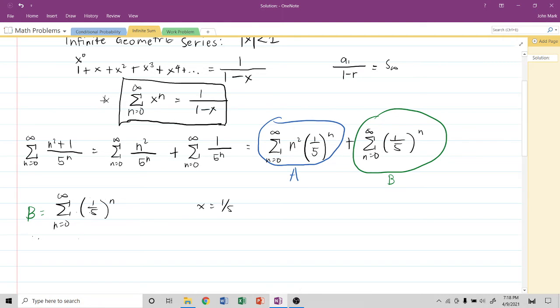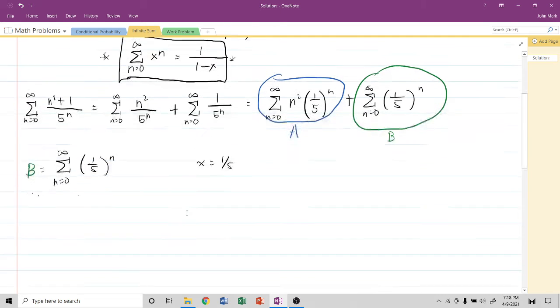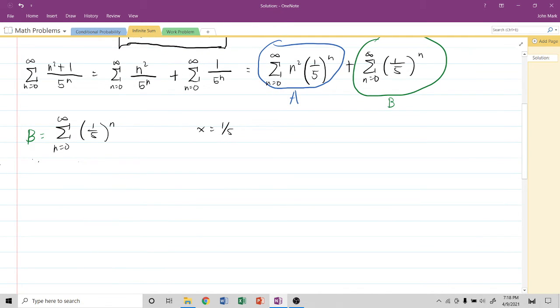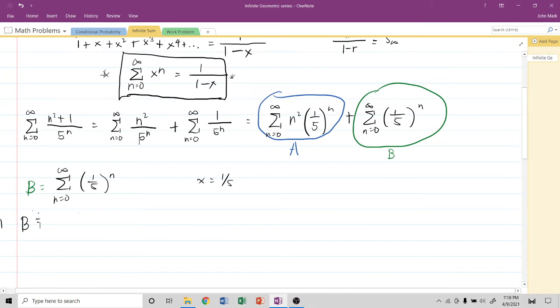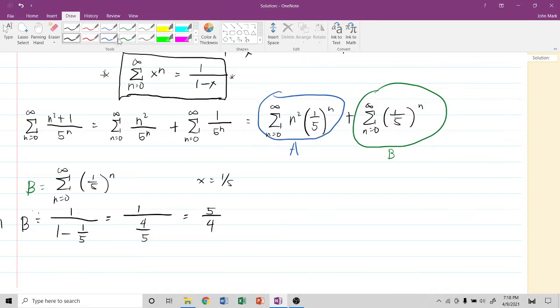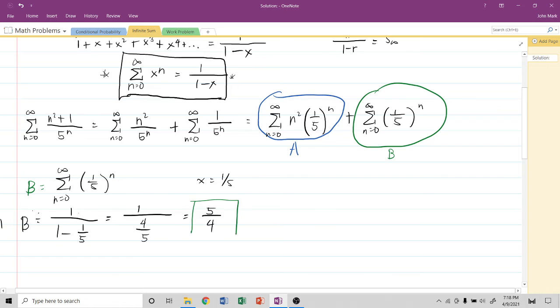So, ibig sabihin, x equals 1/5 lang yan nitong equation natin inside this box. So, now we can express b equal to that's just simply 1 over 1 minus 1 over 5. So simplifying, we have 1 over 4 over 5, or this is equal to 5 over 4. So we have yung ating value for b as 5 over 4.